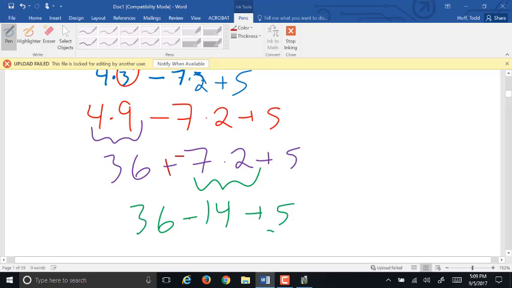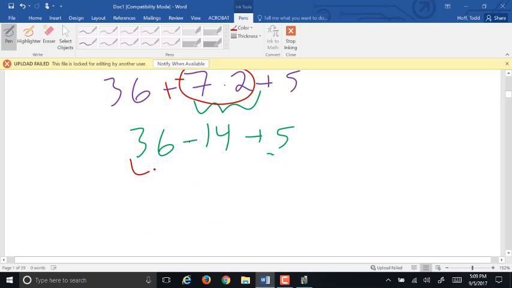So this would become positive down here, instead of subtraction, and this would be a negative 14. But when I'm dealing with numbers, it's easier to subtract than it is to deal with negative numbers. So that's why I left that as a positive 7 times 2 to get a positive 14.